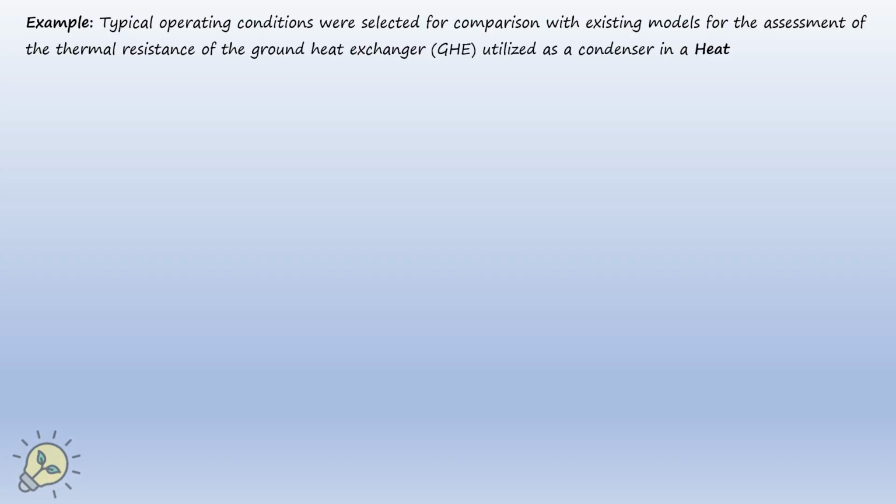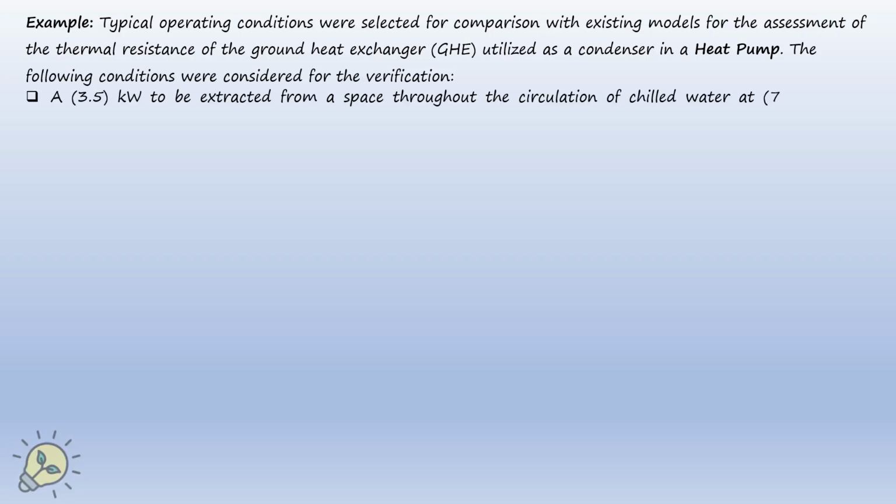To investigate the present correlation, let us consider an example where a heat pump is used to cool down a space by using a geothermal heat exchanger as a condenser, and it has a cooling load of 3.5 kilowatt, where it can be used to produce cold water at 7 degrees Celsius, and then it can be passed through a fan coil where a maximum temperature difference for the water of 5 degrees centigrade can be obtained.